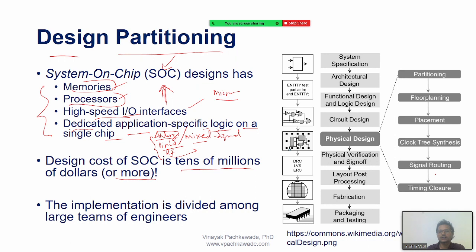That process is called design partitioning. I am partitioning the specific modules or functions or architectures among a team of different engineers. That will help to speed up the design cycle and to coordinate.